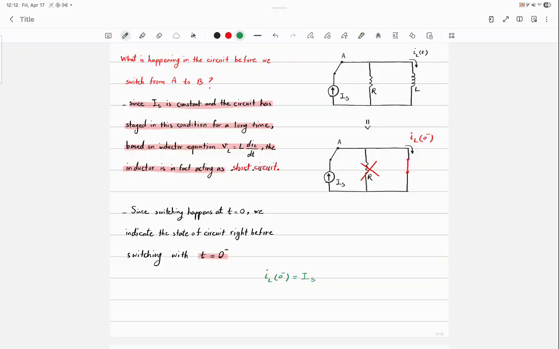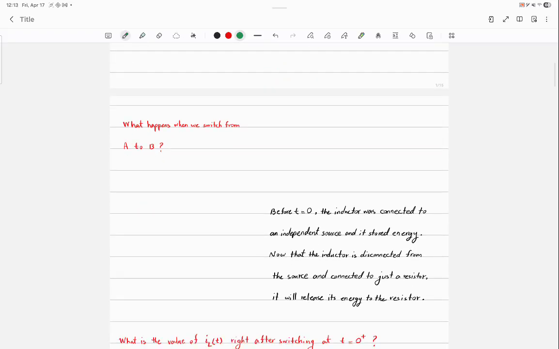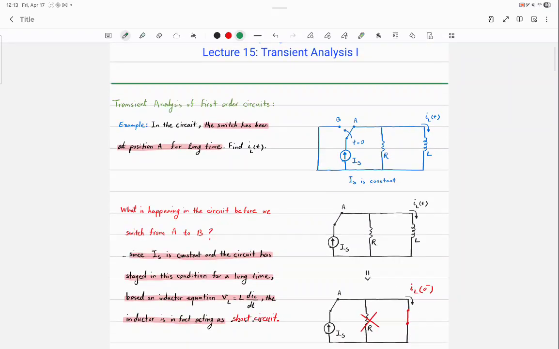There's no current passing through the resistor, so all the current will go through the inductor. Any problem so far? This is step 1 of our analysis. We analyze the circuit right before switching, which is called t equals 0 negative or 0 minus. What happens when we switch from A to B? Let's copy the circuit again.